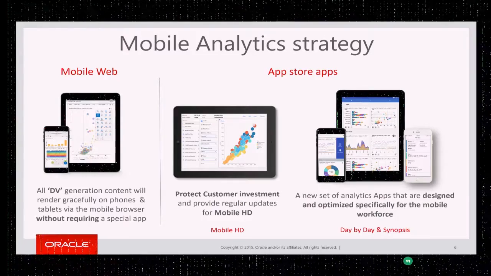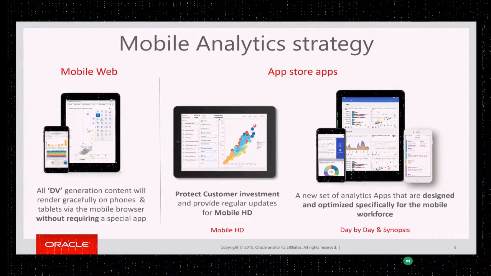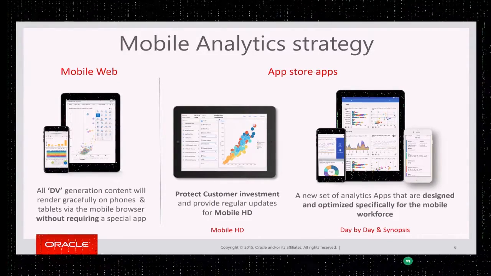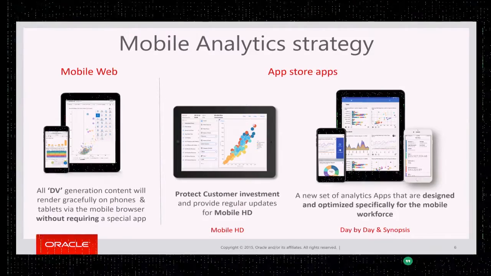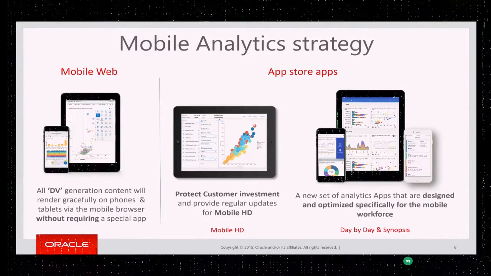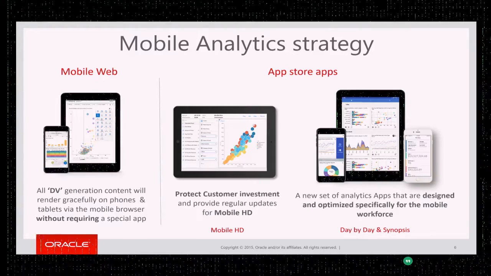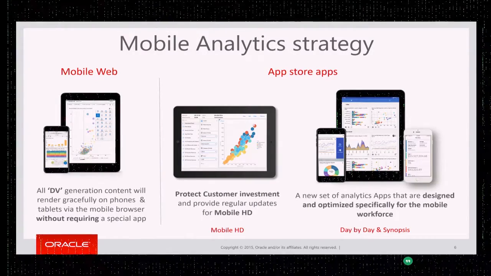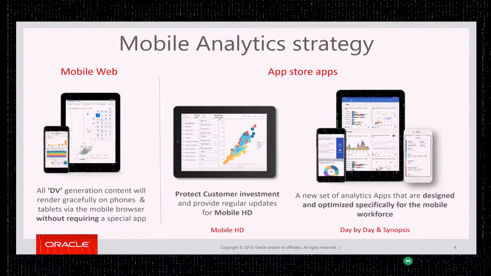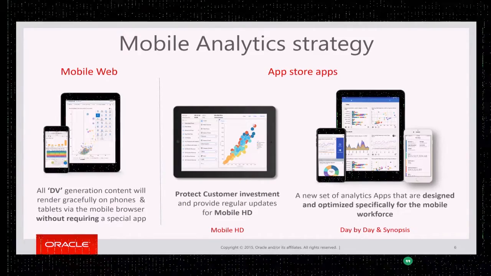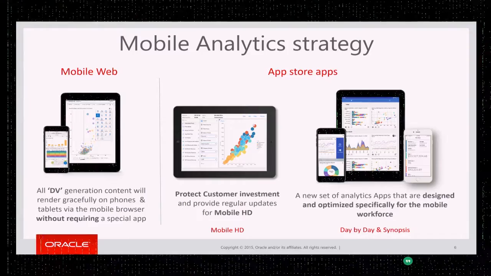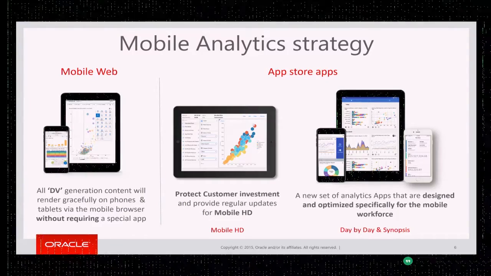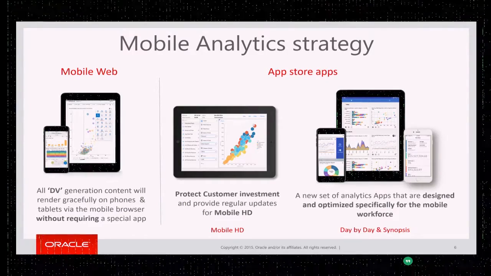The mobile app strategy at Oracle is really divided into two major themes. We've got mobile web, which just means HTML. So you hit our BI servers in your mobile browser on your phone or on your tablet, and we want to make sure that all the new generation of stuff will render gracefully and adapt gracefully to your mobile device.